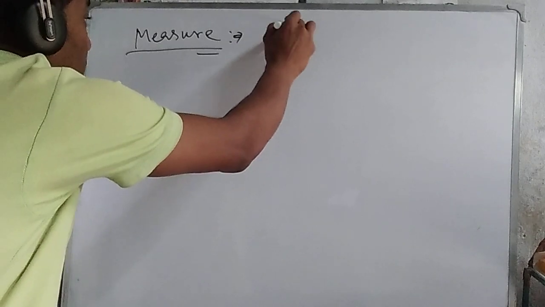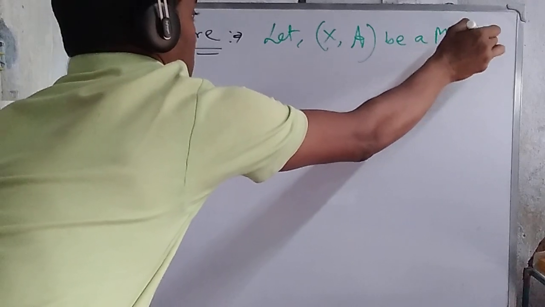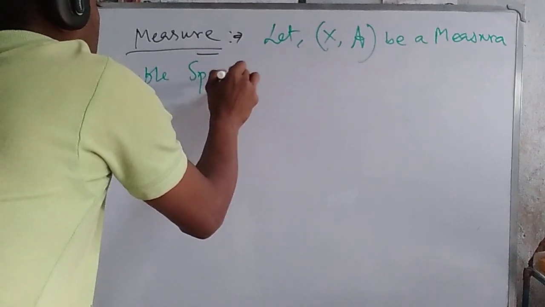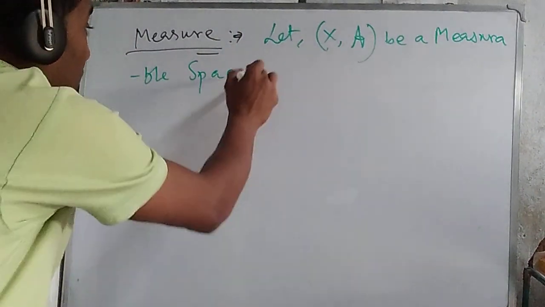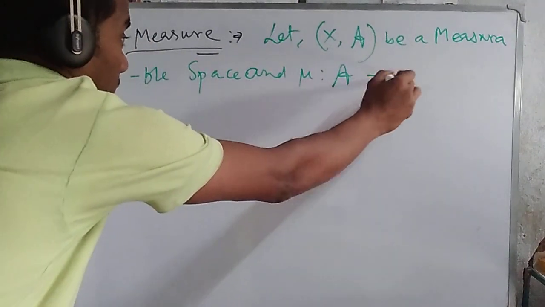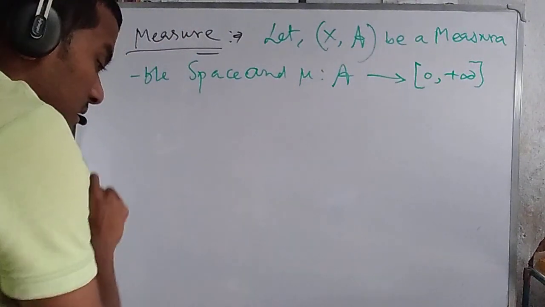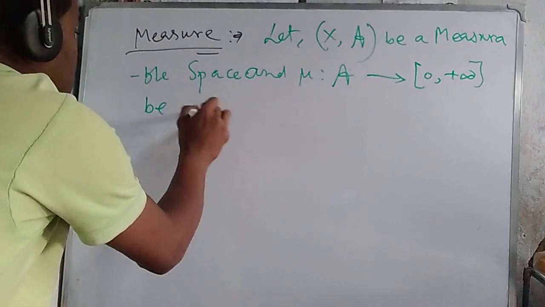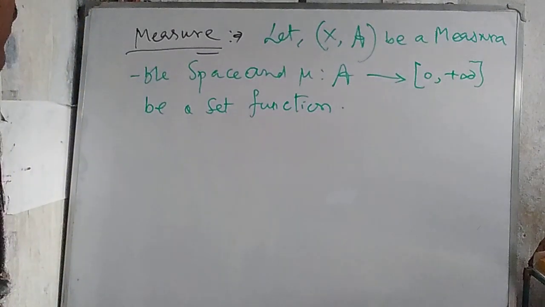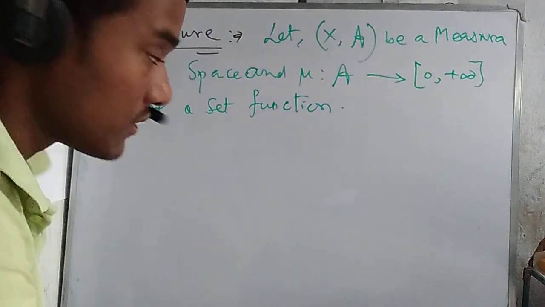Let (X, A), a sigma algebra, be a measurable space, and let mu from A to [0, infinity] be a set function, some positive valued function, that means a non-negative valued function. We call it a set function.